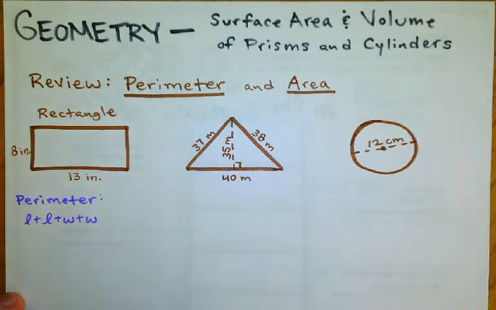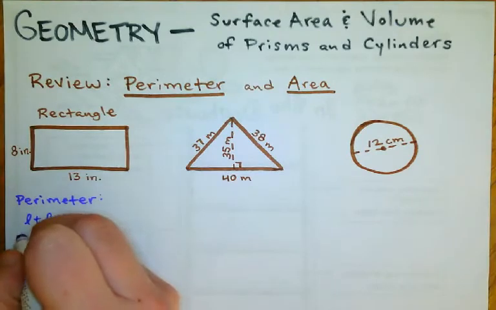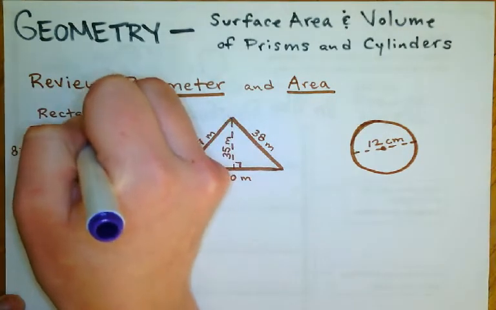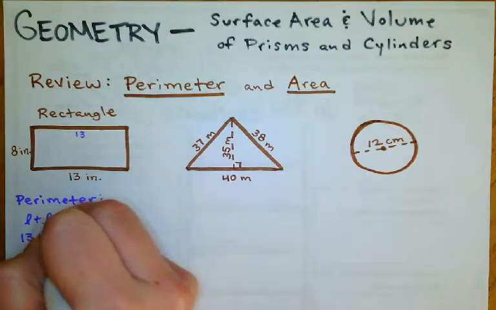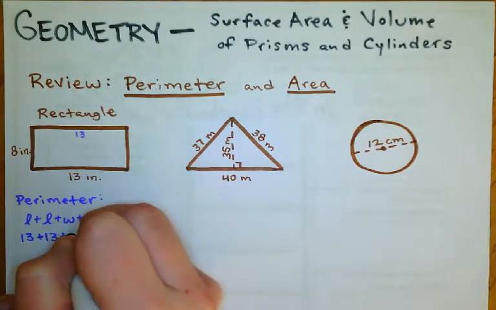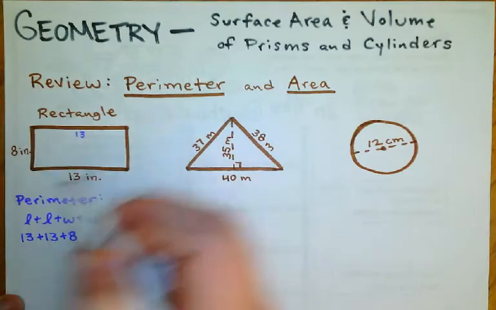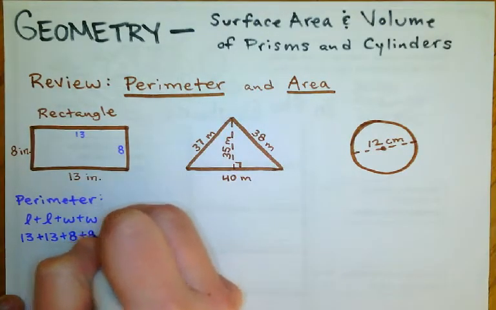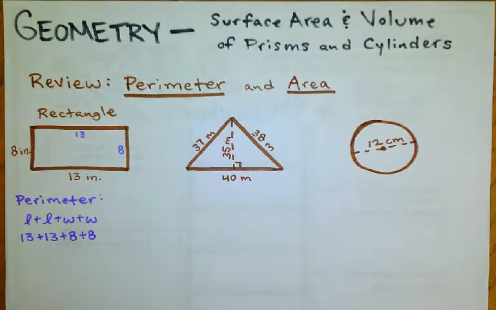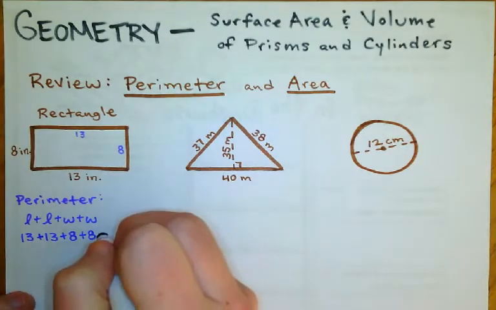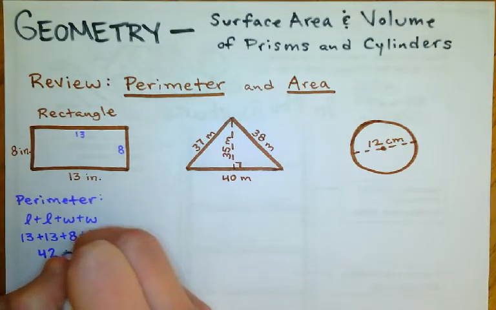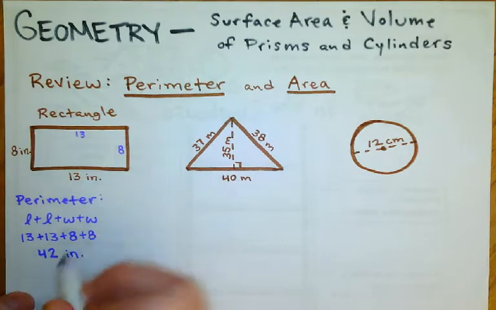Alright, so our length is 13 plus another 13, which is up here, plus 8, which is our width, plus another 8 that's on the other side. So our perimeter, 13 plus 13 plus 8 plus 8, is 42. So our perimeter is 42 inches.